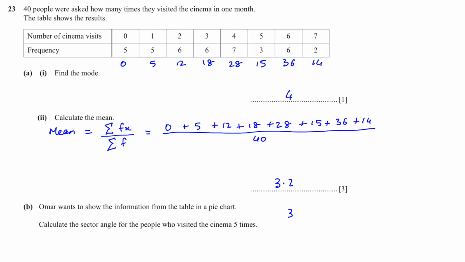So 3 out of 40, we multiply it by 360 because the total sum of angles in the pie chart is 360. So 3 over 40 multiplied by 360 will give us 27. So that is the sector angle.